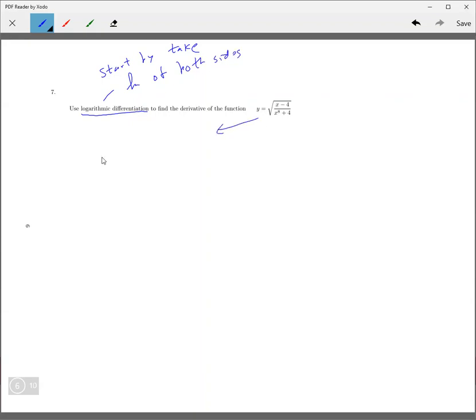So log of y equals the natural log of all this. And I'm going to go ahead and change the square root to raising it to the one half. Then we can use the logarithmic properties that we talked about a few pages ago and also earlier in the semester, to bring this 1/2 out in front.